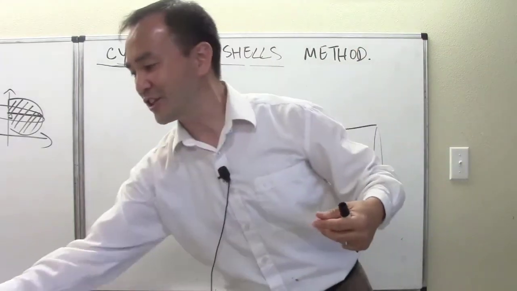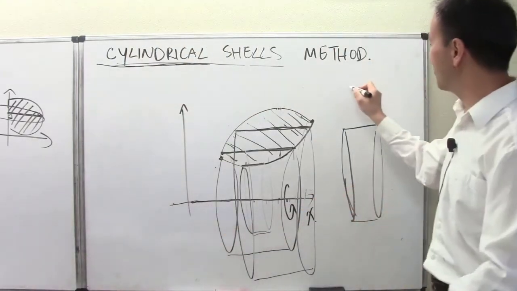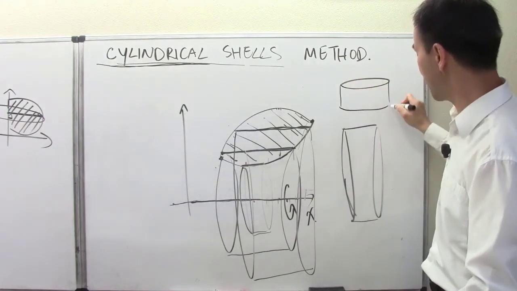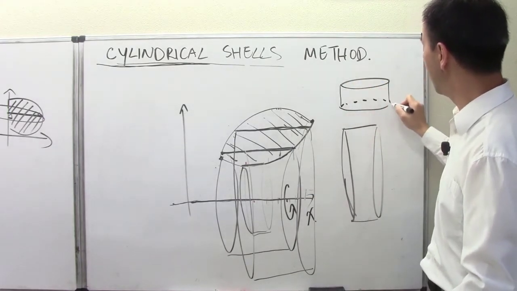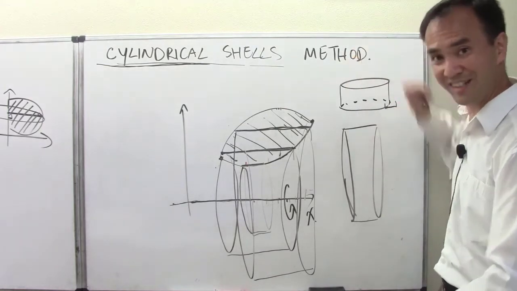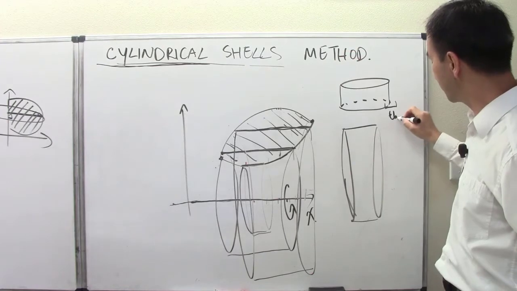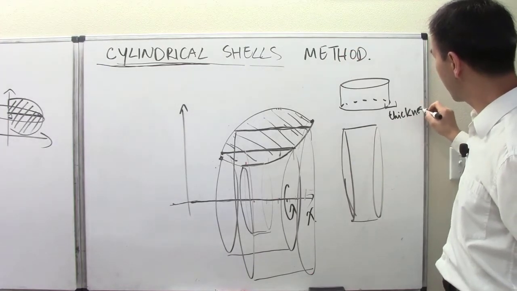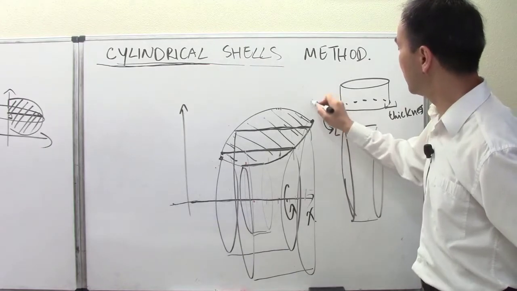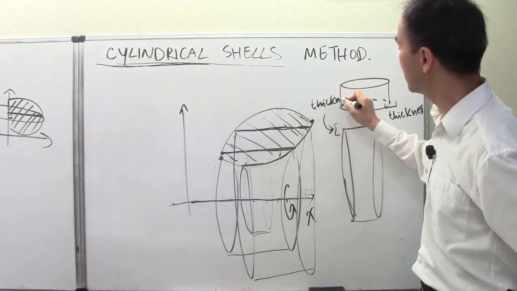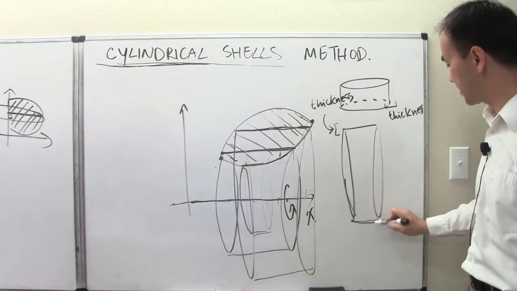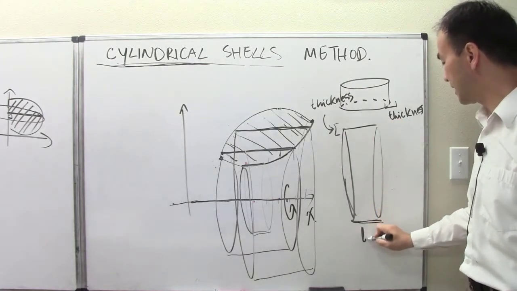Each shell like this has a thickness, which is how thick our paper roll was. And then there's the height, or length of the stripe.